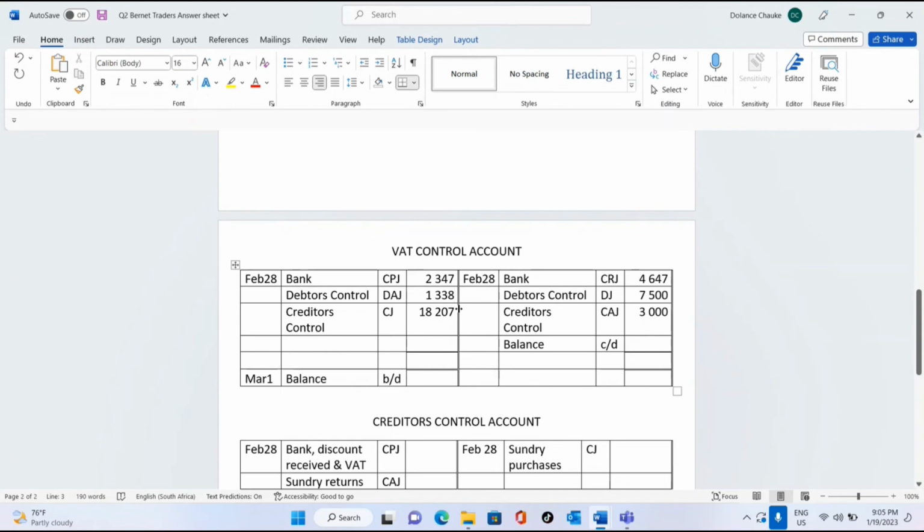How much is your total? It's 21,892. Is everyone getting that? Yes.